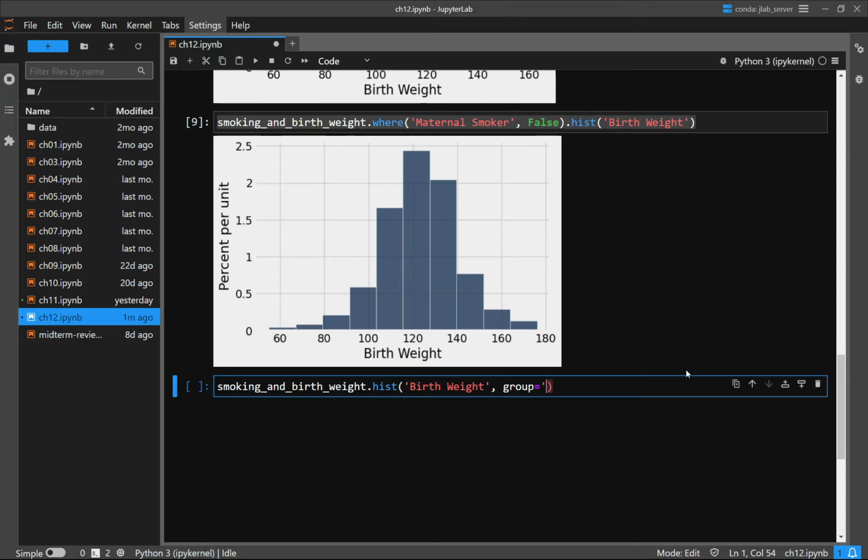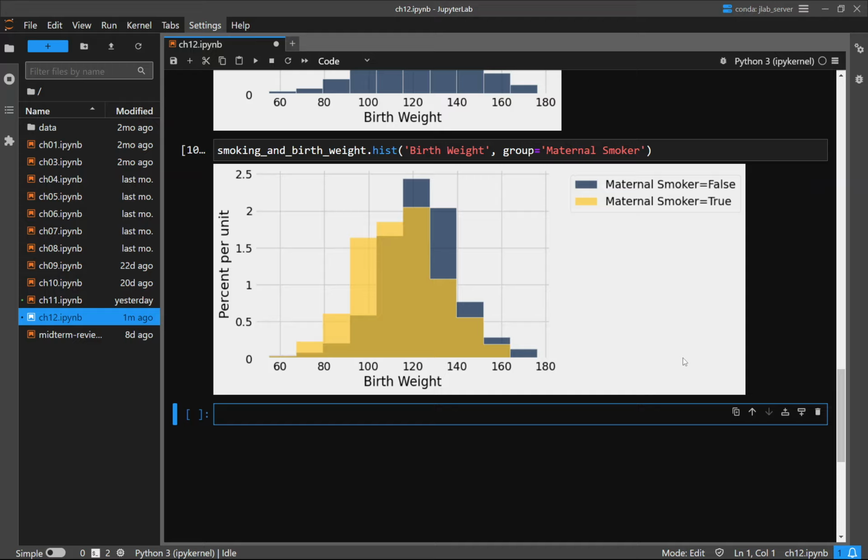You can say group by the maternal smoker column, which is kind of neat because it'll show two distributions at once. So yeah, that's what you see. And I think that's all that I wanted to say. So you can see that there's a clear difference. When smoker is true, the yellow one, it is a little bit more to the left. And so the question is, is that due to chance or not?